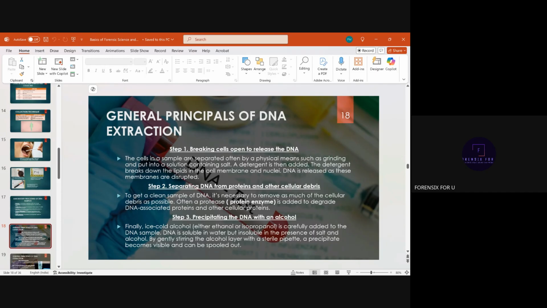So what is the component that we use for extraction of DNA? You need to keep a notebook with you and write down whatever I'm telling you, because it's not there in the PPT. Just take notes of the important words that I'm using. What we use is SDS. What is SDS?